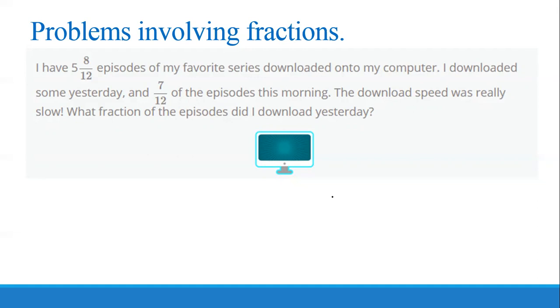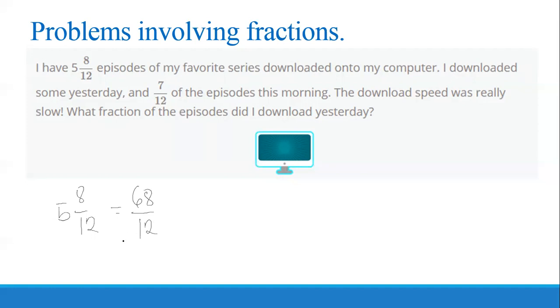We need to change the mixed number into an improper fraction. So ano yung mixed number natin? Yung 5 and 8/12. Okay? So this is equal to 68/12. Yan. Paano natin nakuha yon?